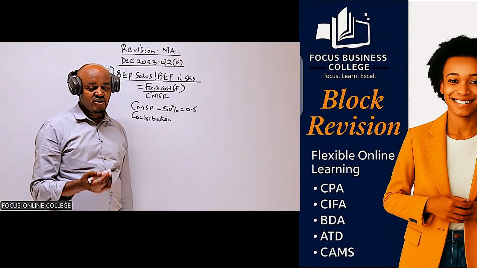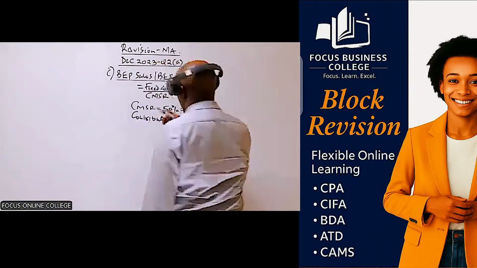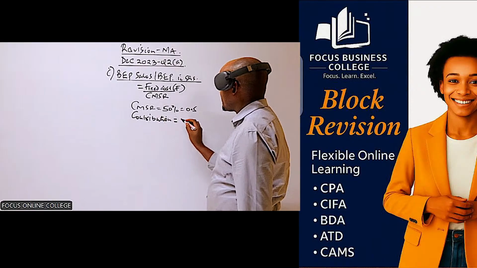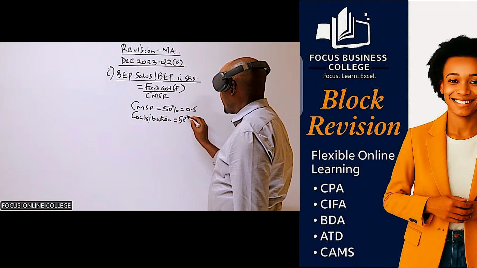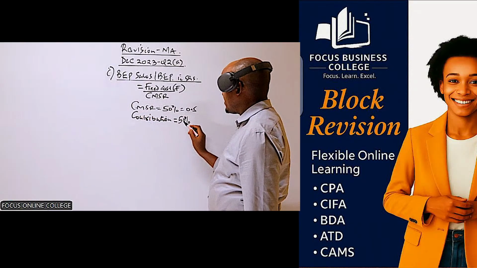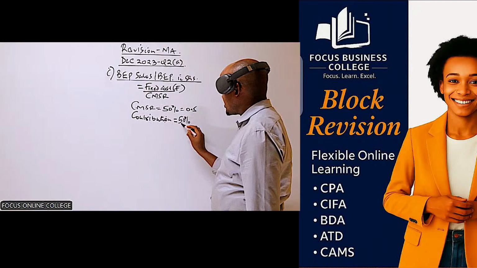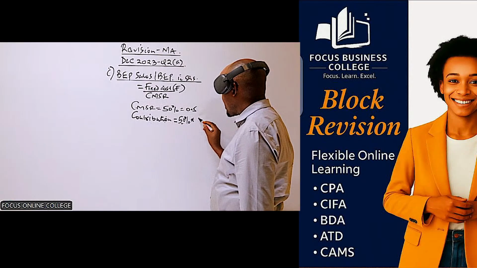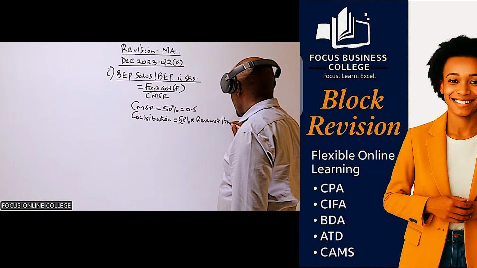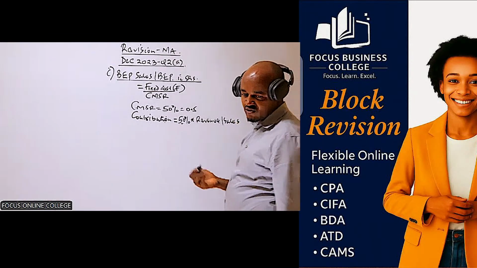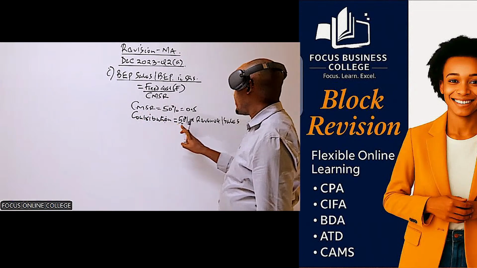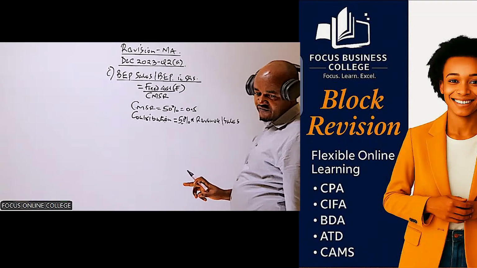Using the information given here, the contribution will be computed as 50%, because this is the contribution sales ratio. So the contribution is equal to 50% of the sales, or basically 50% of the revenue. That's what you mean by the contribution sales ratio.